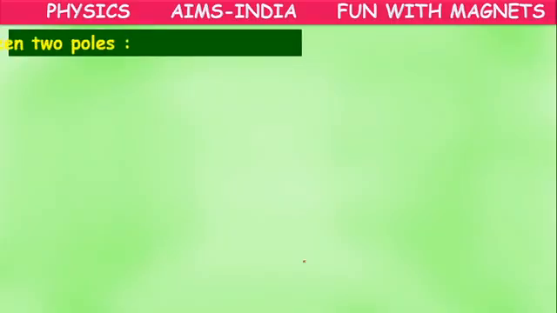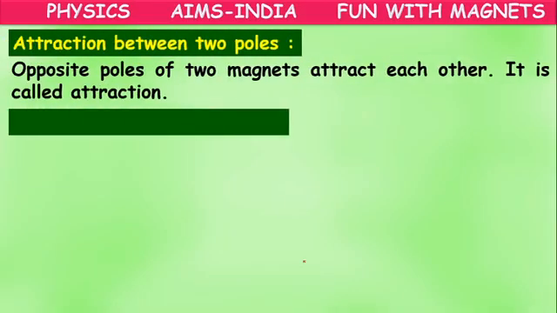Okay, let's see with the examples. So here, if opposite poles are facing each other, then attraction will happen. If you are bringing opposite poles, it means one is north pole, another one is south pole.